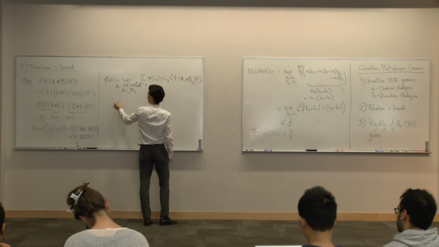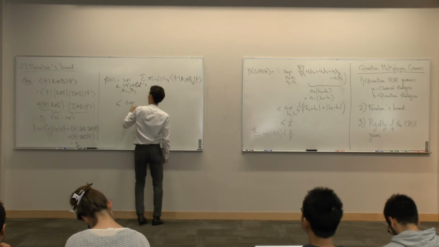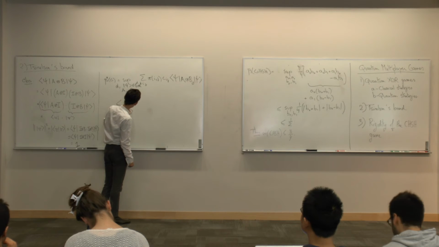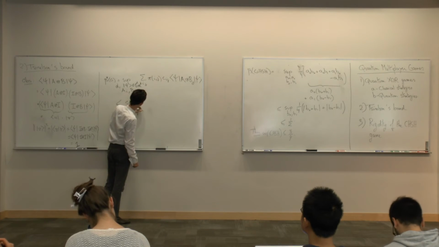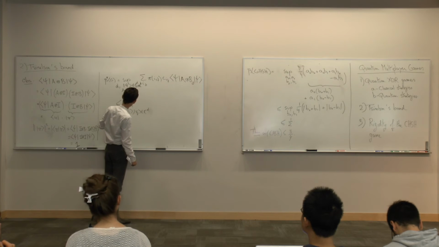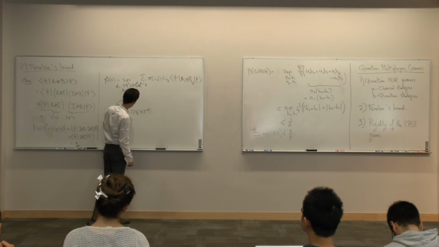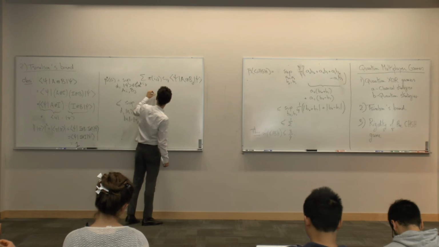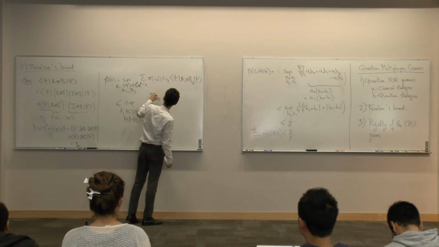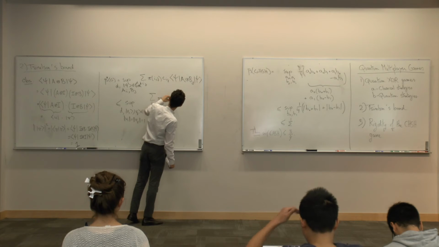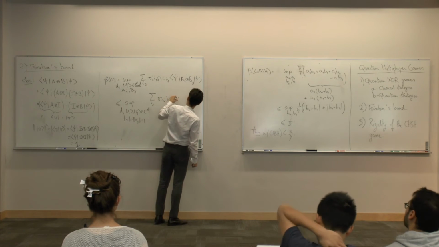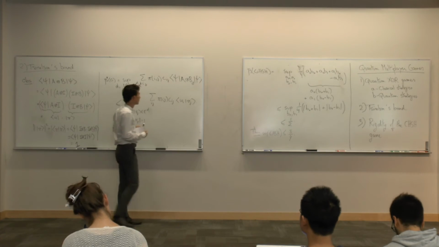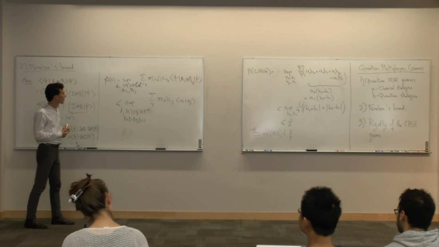Now I'm going to write an inequality here, and I write that it's less than the supremum over all dimensions d, and then vectors u_i, v_j in C^d, the norm of the vectors is 1, of the sum over ij of the coefficients c_ij times the inner product of u_i and v_j.